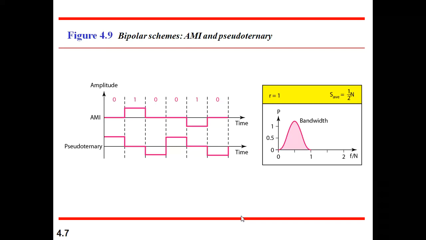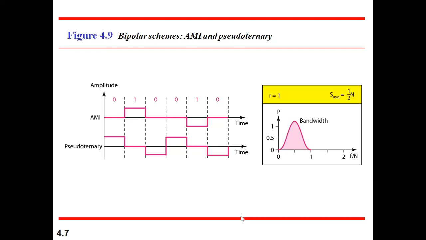In alternate mark inversion, a neutral zero voltage represents binary zero, and binary ones are represented by alternating positive and negative. In pseudoternary, bit 1 is encoded as zero voltage and bit 0 is encoded as alternating positive and negative voltage. That is opposite of the AMI scheme. So we'll see in the example.